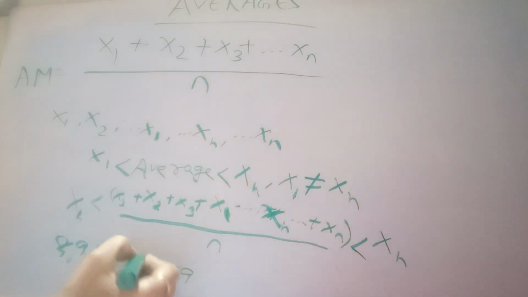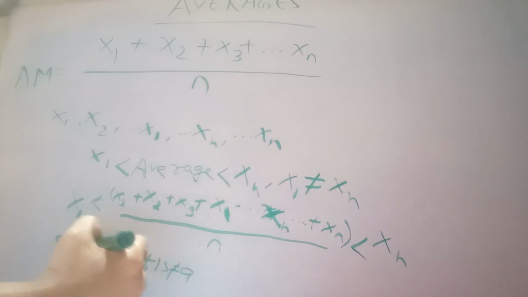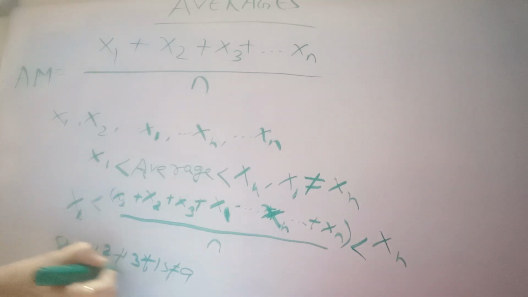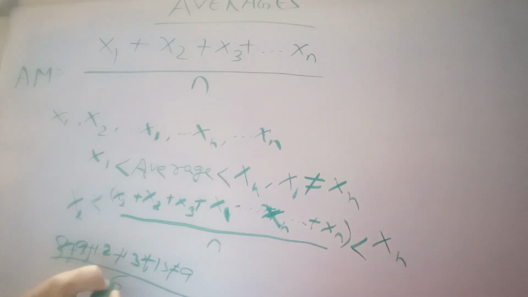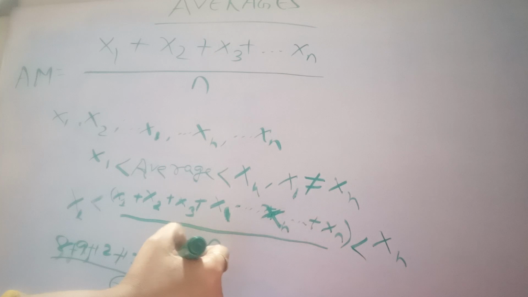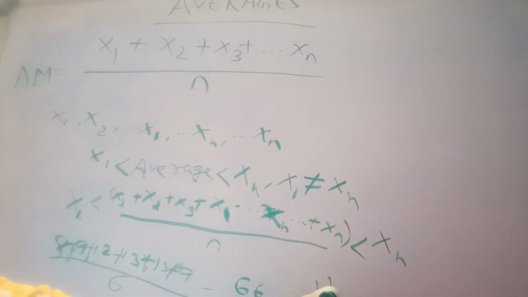So we'll add all of them and divide by 6, since there are 6 numbers. So we have 66 divided by 6 equals 11. This is the answer. The average is 11.